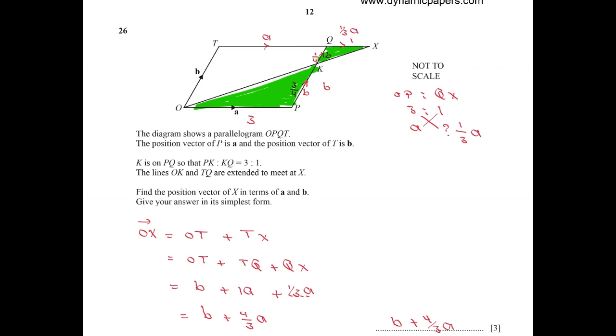The ratio between PK and KQ is 3 to 1, so the ratio between OP and QX is also 3 to 1. We can find QX in terms of A by a simple cross multiplication, and if you have QX, you can find OX.